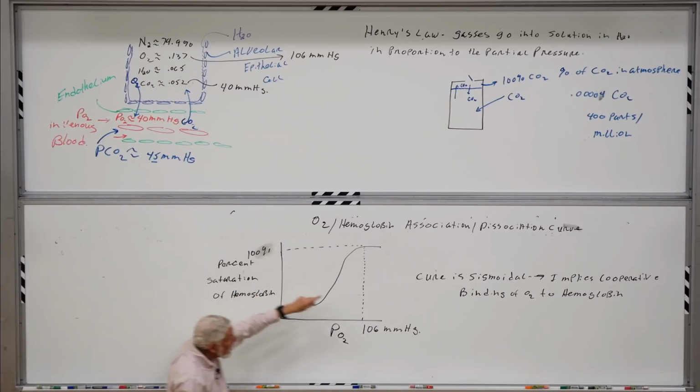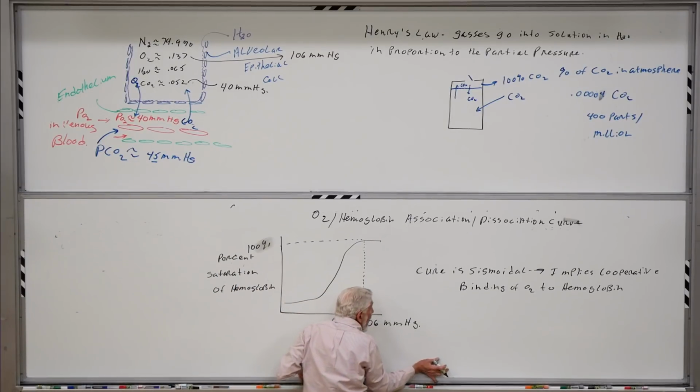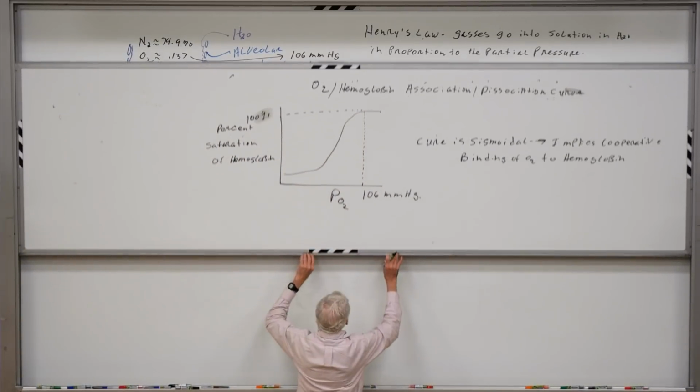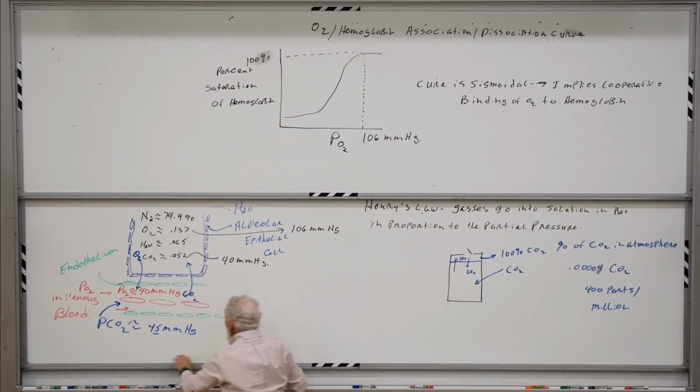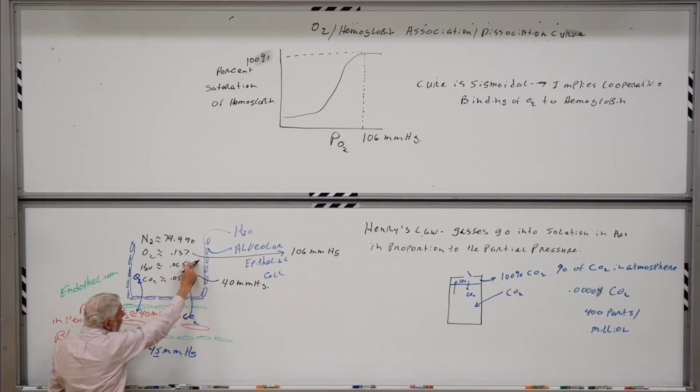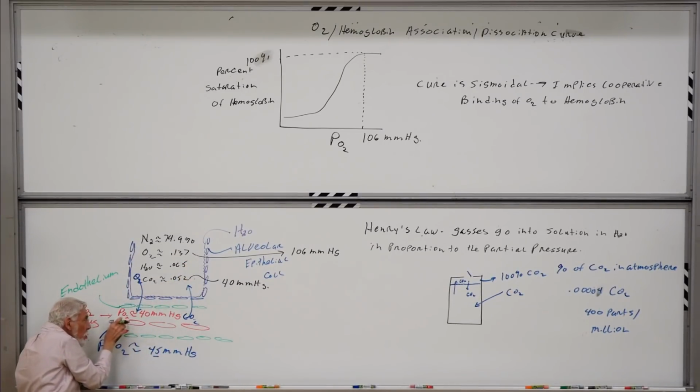It's about 100 to 106 millimeters of mercury, and what that tells us is that at 106 millimeters of mercury in the alveolus, as these erythrocytes are whirling by the alveolar space, we are occupying all 4 binding sites on every one of the hemoglobin molecules in those erythrocytes.